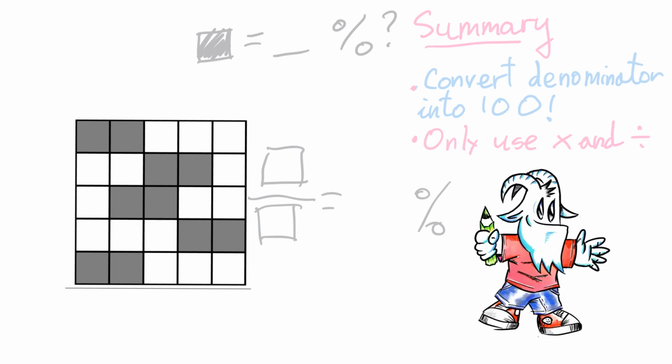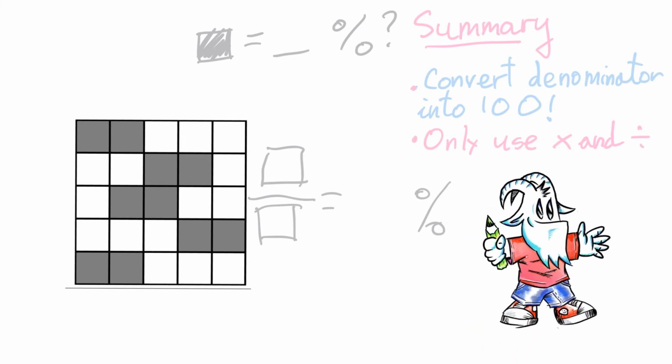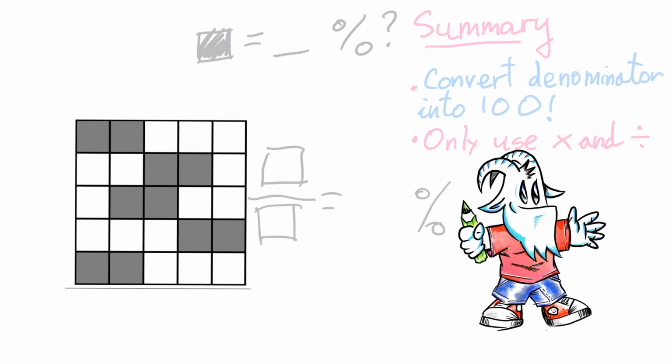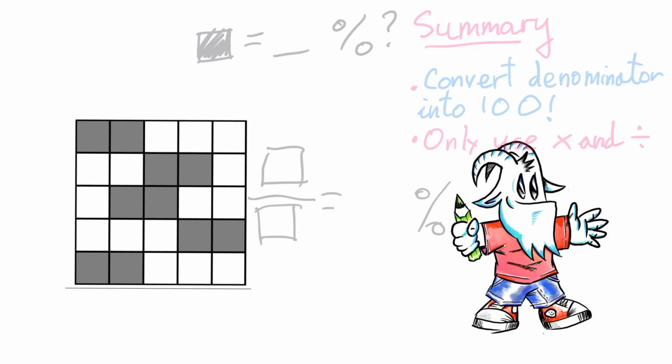Are you ready? Excellent. Let's go. So there are 5 columns with 5 squares each, and there are 5 in each row. So 5 times 5 gives me a denominator of 25.